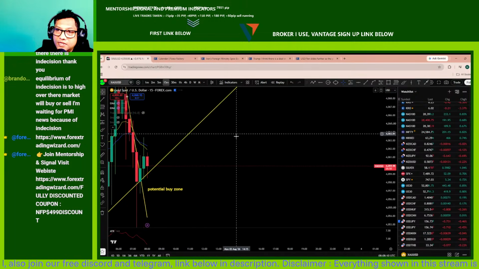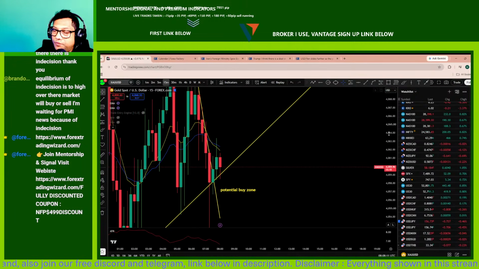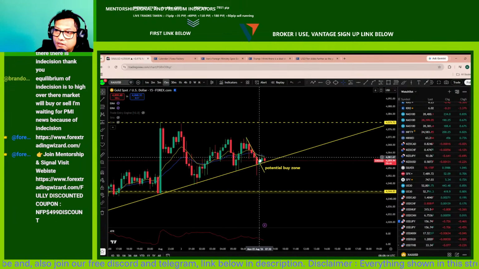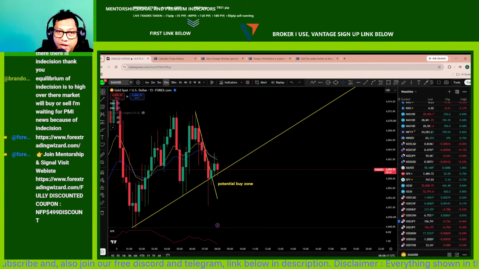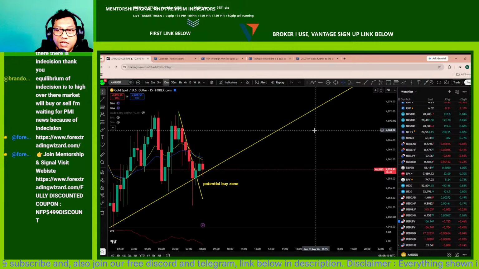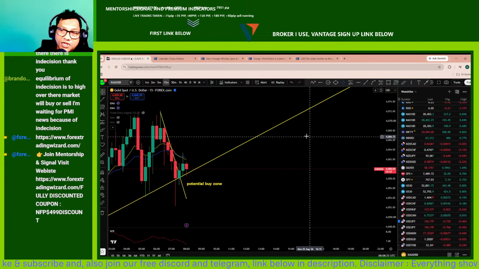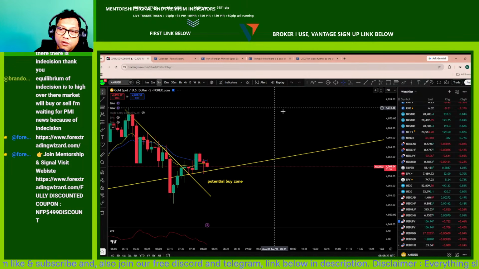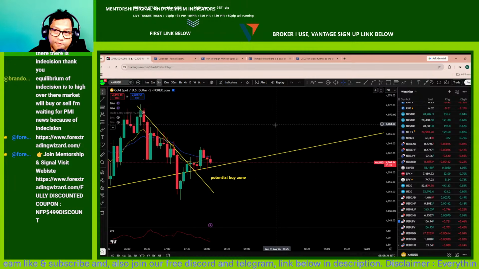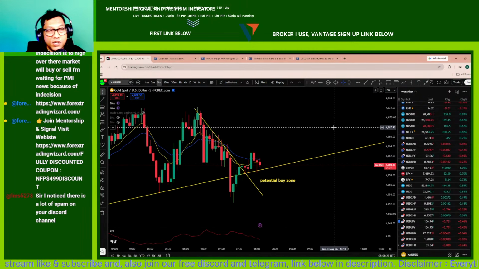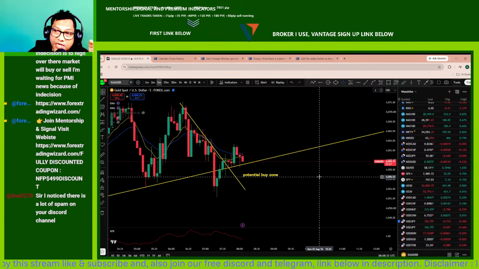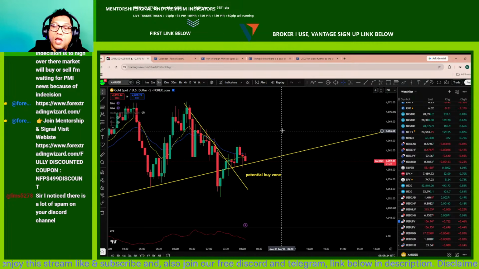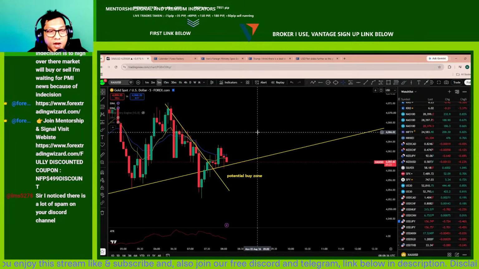Now here, if you look at with the long wick, the market is at the moment completely sideways, and I agree with you that it's still in indecision, but indecision doesn't mean that it's always going to be in indecision. Okay, indecision is also a decision, right? So the market is basically preparing for a potential breakout.